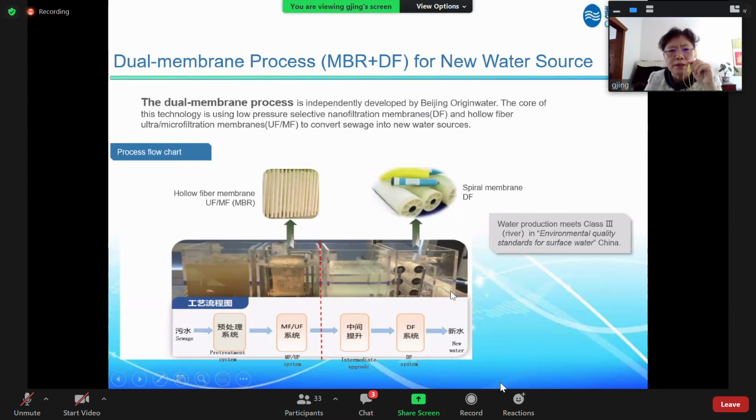This chart shows the flow chart when we use ultrafiltration and nanofiltration in our new water source treatment plant. The effluent can meet water level 3 in China, which can be used for drinking water source.